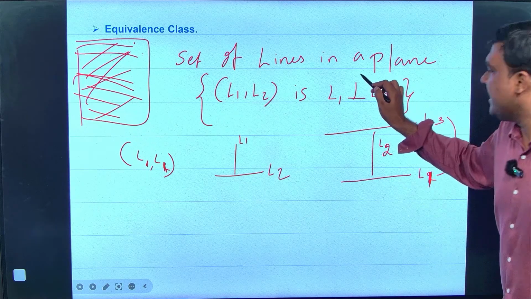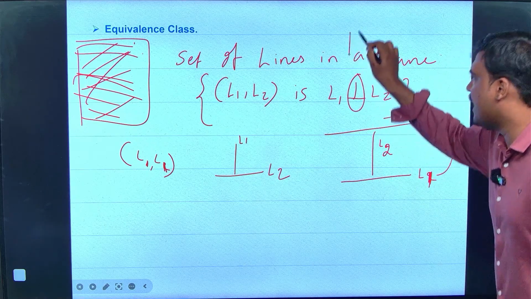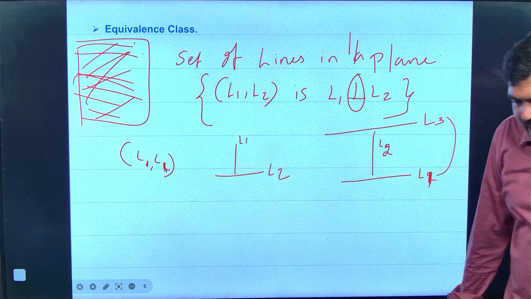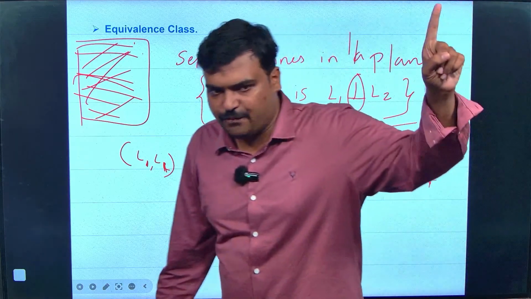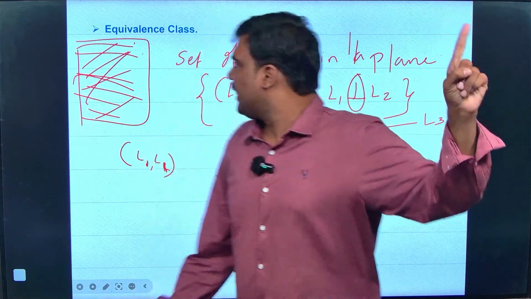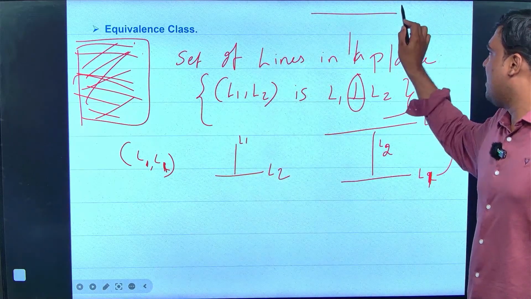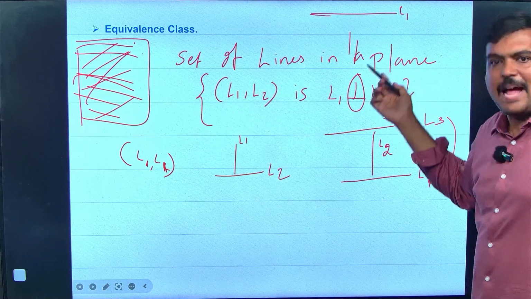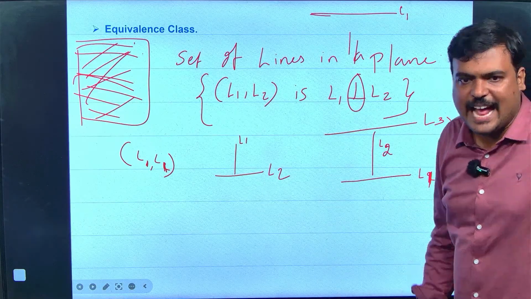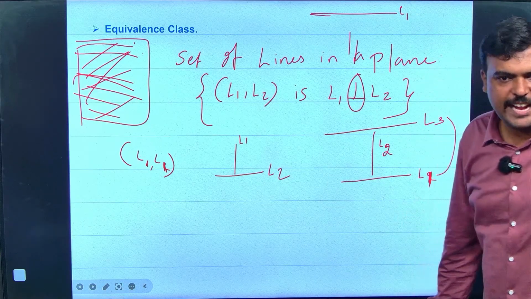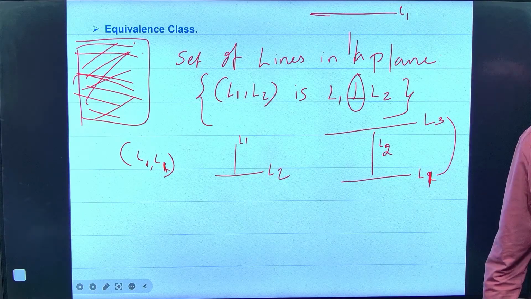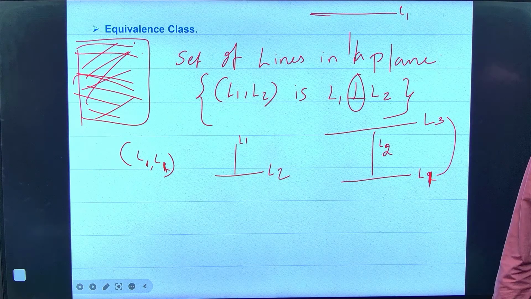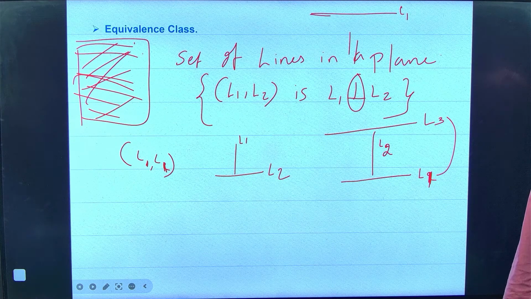Okay, guys. In the place of perpendicular, if I make it parallel, L1 is parallel to L2. Whether it is reflexive? Yes. L1 to L1 is parallel. So it is reflexive. Whether it is symmetric? Yes.